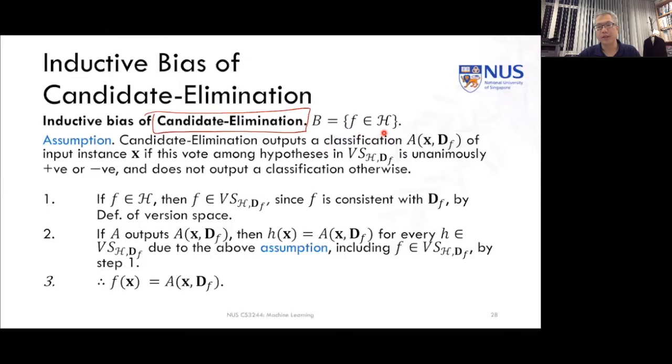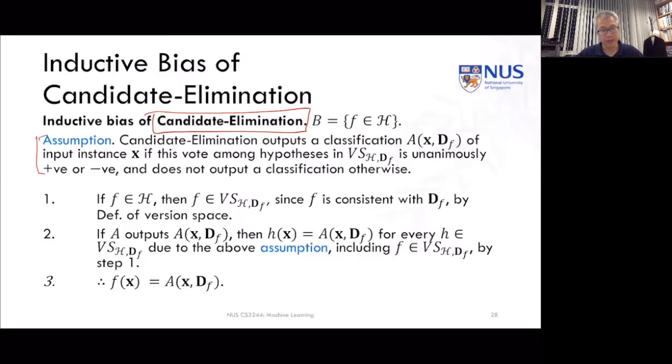So this is the case in which, for example, we assume that the target concept actually is a conjunctive hypothesis for the cases that we've been showing for candidate elimination.